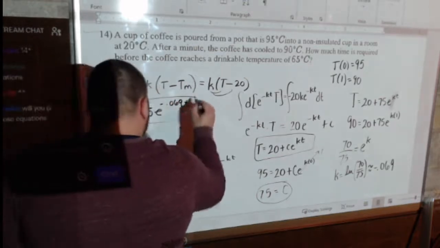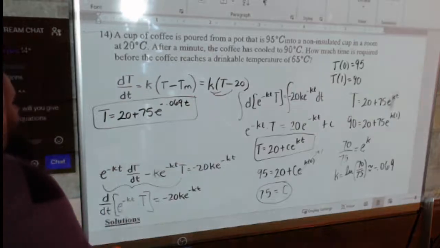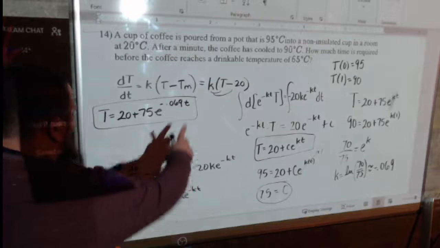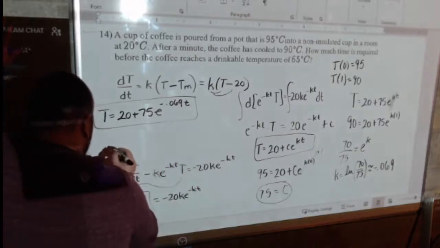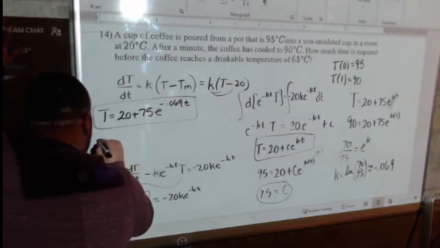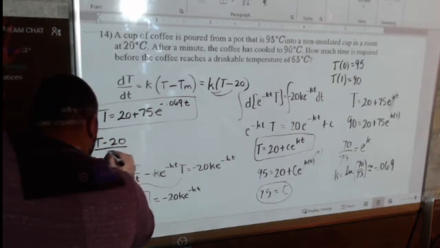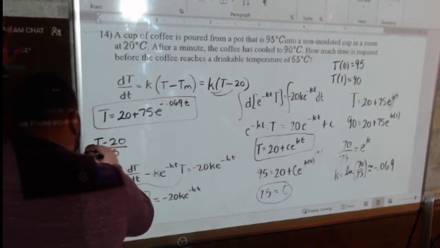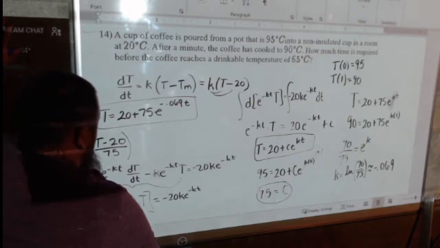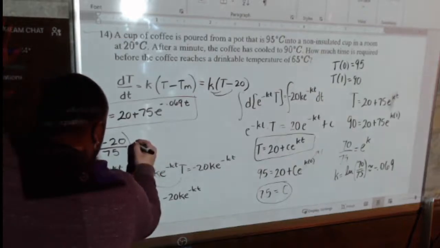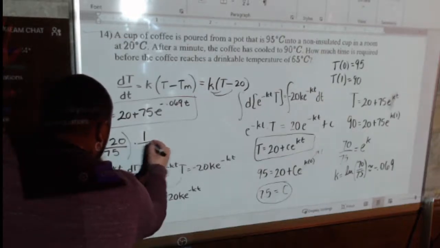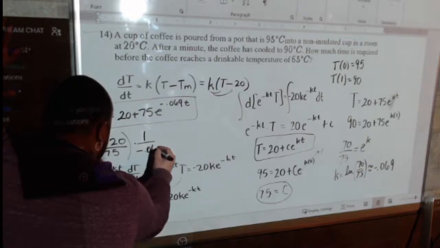That should be the equation for the temperature at any time t. Let's go ahead and solve this for t, little t. So this is T minus 20 divided by 75. Then we need the natural log of that whole thing. And then all times 1 over negative 0.069.